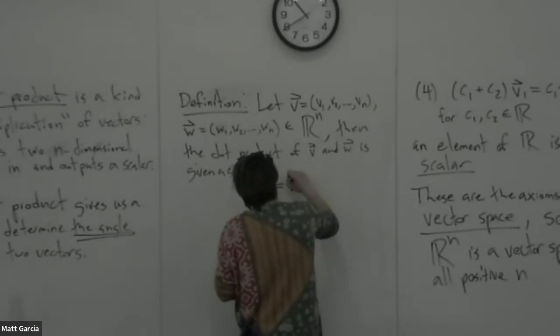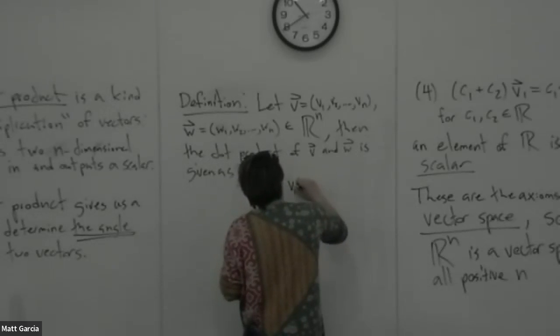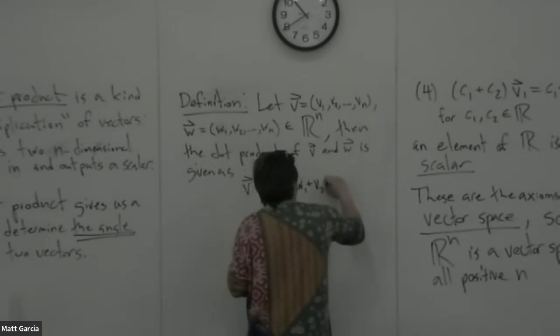So all we do is multiply component-wise and add together the results.